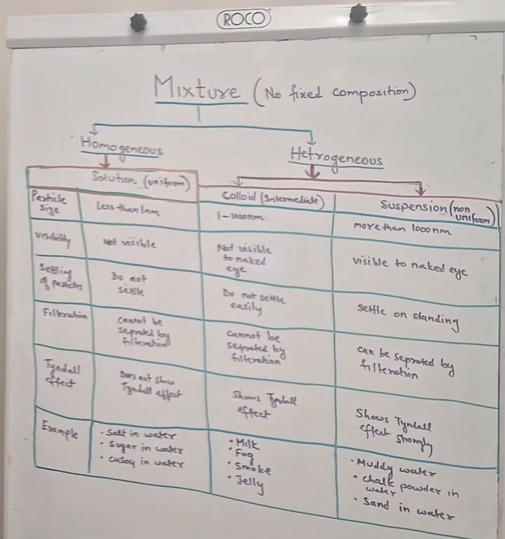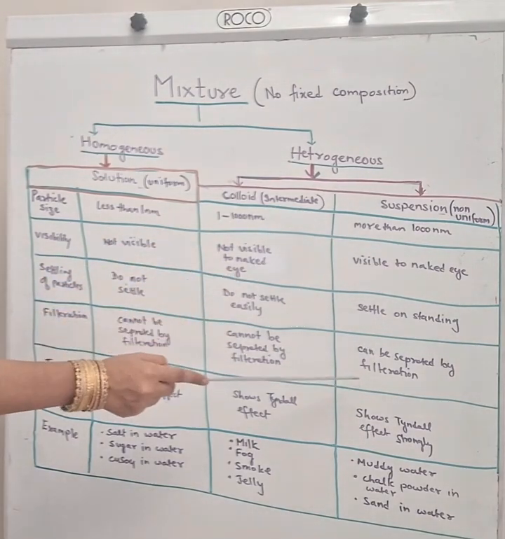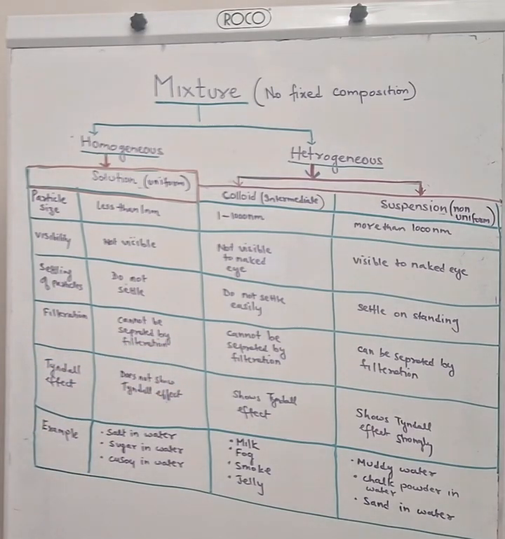You can see the solute settling down in the solvent. Now coming to filtration, in a solution the substance cannot be separated by filtration. In colloid also, the substance cannot be separated by filtration, but in a suspension, the substance can be separated by filtration.